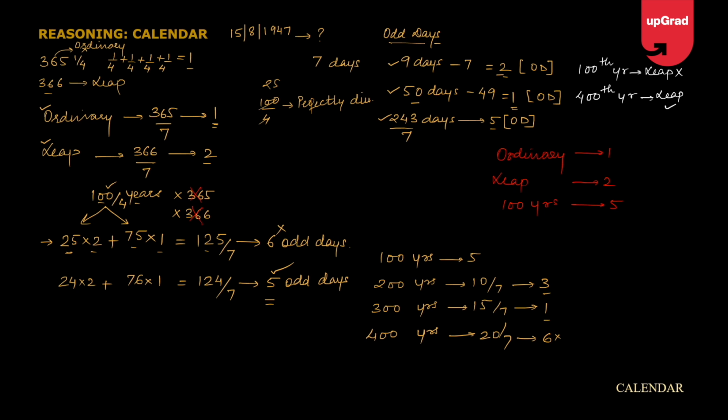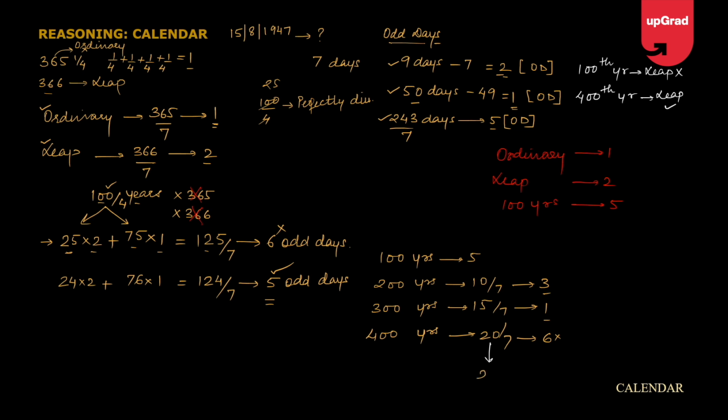So what I mean by this is, when I said the 100th year is not a leap year, the 200th year is not a leap year, the 300th year is not a leap year, but the 400th year is a leap year. Now the question why would be answered in some time from now. So far you just need to remember that it is only the 400th year which is a leap year out of the other century years we have discussed, which are 100, 200, 300 and 400. Now, if the 400th year is a leap year, my calculation here would change.